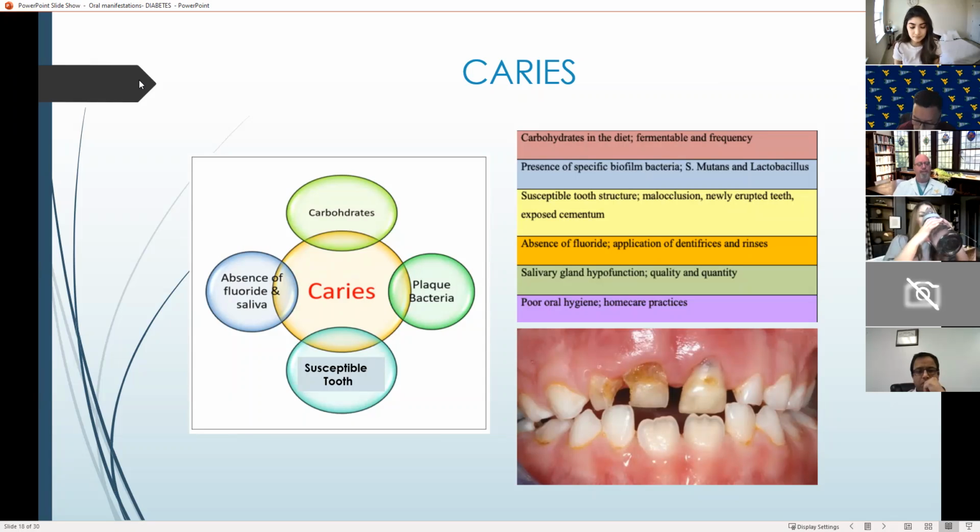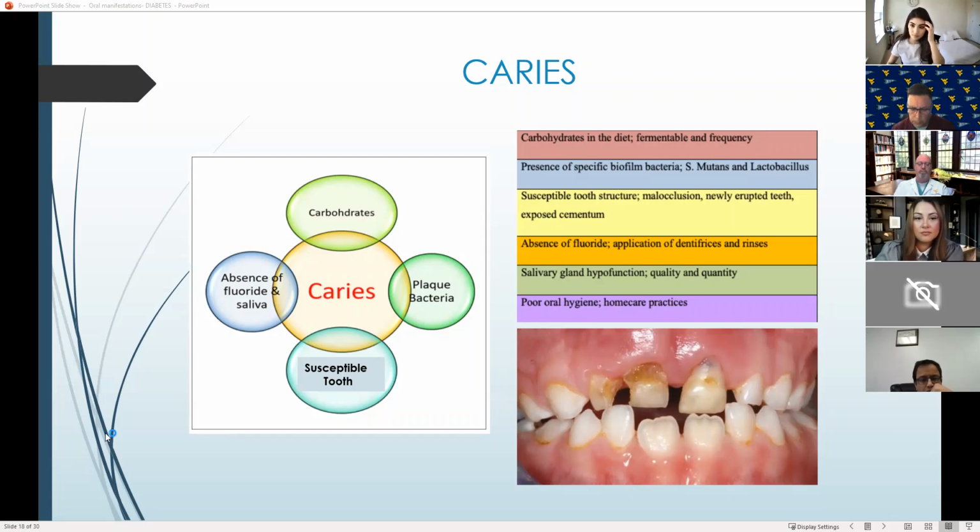Modifying factors also include the absence of fluoride, xerostomia, and inadequate oral hygiene. The demineralization process during an acid attack and subsequent remineralization by saliva and fluoride happens continuously throughout the day. The chart on the right-hand side is a guide to assess a patient's risk factors for the development of dental caries.